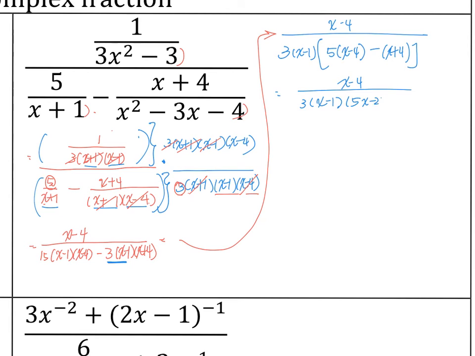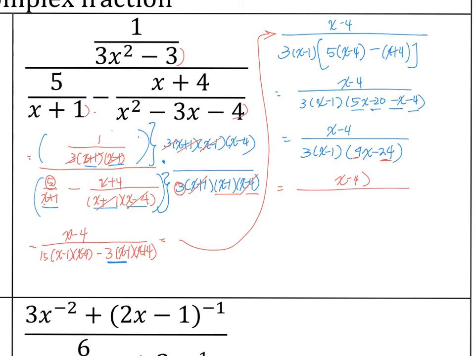Distribute the 5 and the negative 1. 5x minus x is 4x, minus 24. Now we're not finished yet because we need to factor this out. We want everything in the simplest form. So I'm going to factor out the 4. So that makes 12 be 6. And this is your final simplified form.